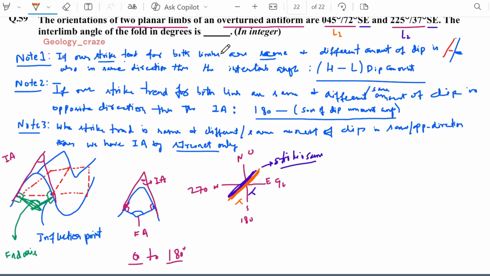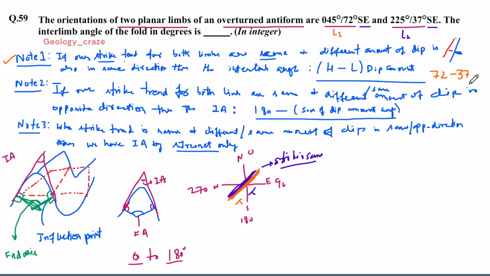So now it is falling with our node 1. So our answer will become 72 minus 37. We will get 35 degree.